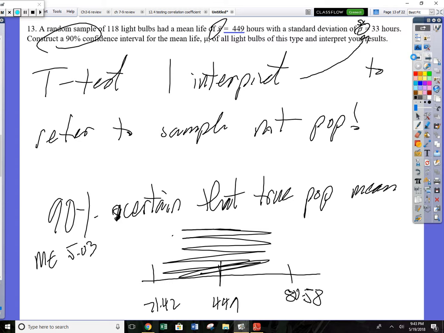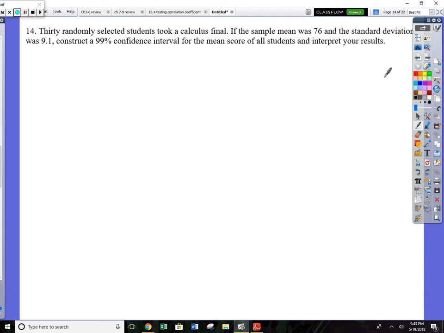Okay, 14. I think it's the same as 13. I don't think there's anything different except for now you're doing a 99% confidence interval. And again, see, 14's better because they just come out and say standard deviation. So 30 randomly selected students took a calc final. The sample average was 76 and the standard deviation was 9.1.